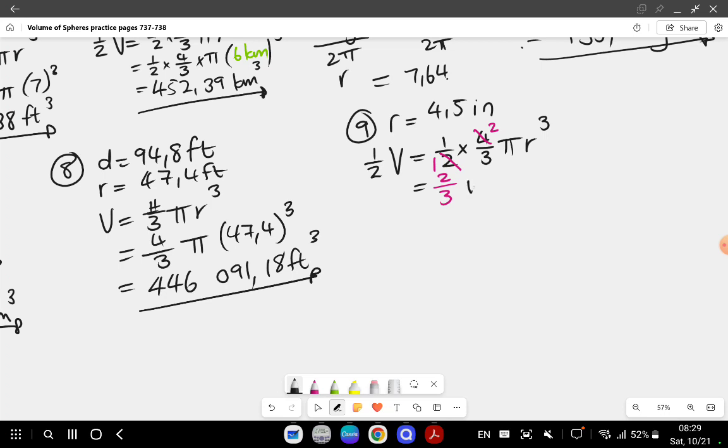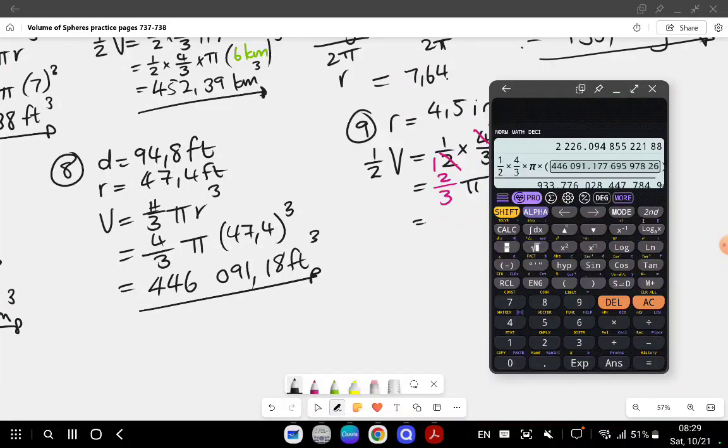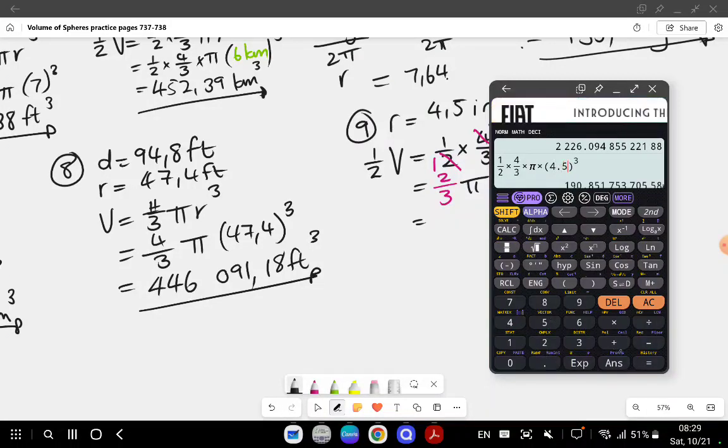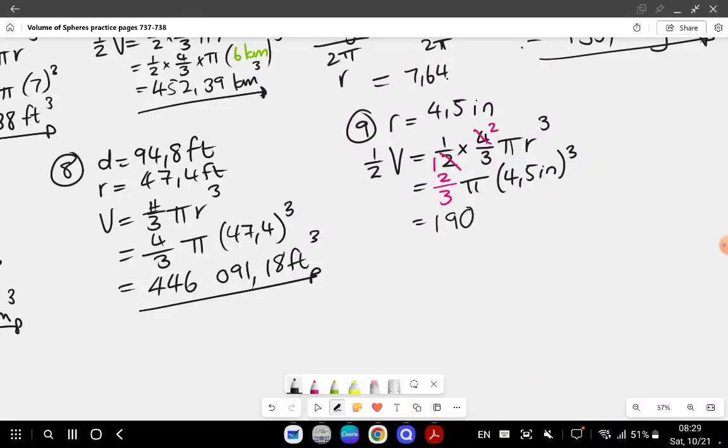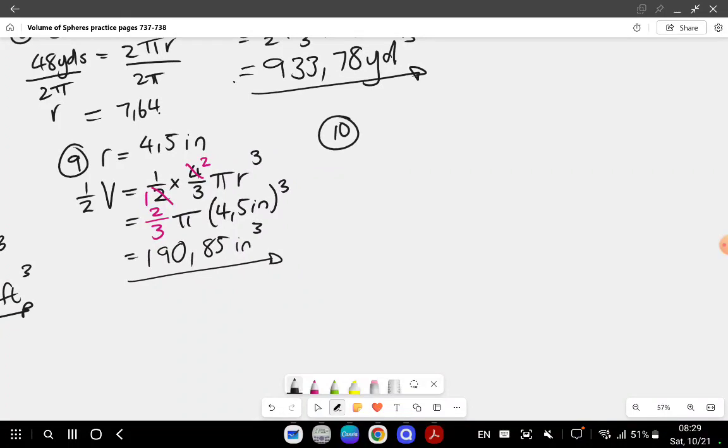Just FYI, you can keep it the way it was because the calculator can still do it. 4.5 inches cubed, and on the calculator we input 4.5 and we get an answer of 190.85 inches cubed.